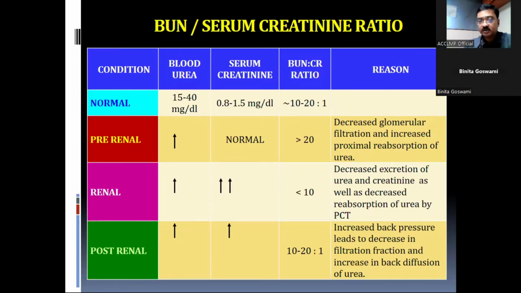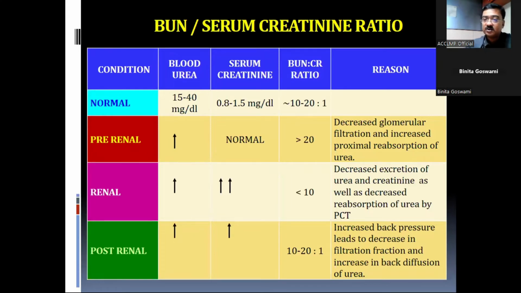The more the chronicity, the less is the ratio. What happens is decreased excretion of both urea and creatinine from the glomerulus, but there is also decreased reabsorption of urea. So that leads to less conservation of urea in comparison to creatinine.